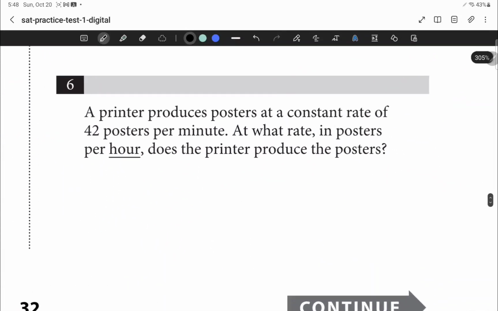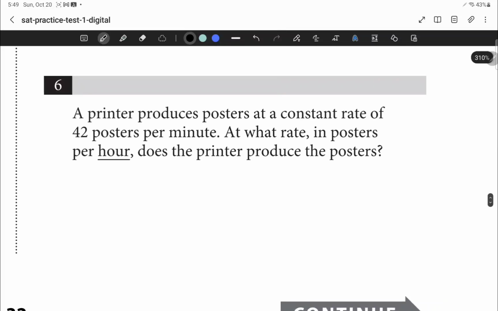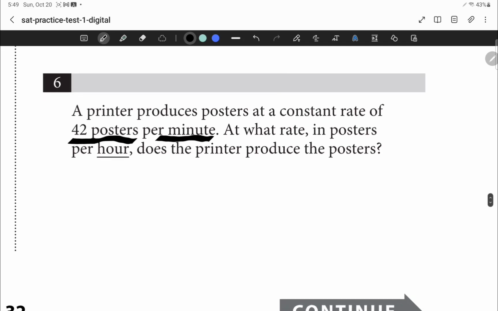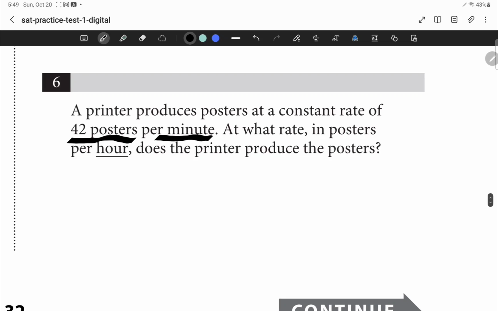All right, now we have a printer. It produces posters at a constant rate of 42 per minute. At what rate in posters per hour does the printer produce posters? So in other words, this is a conversion problem. How many minutes in an hour? So 1 hour equals 60 minutes.